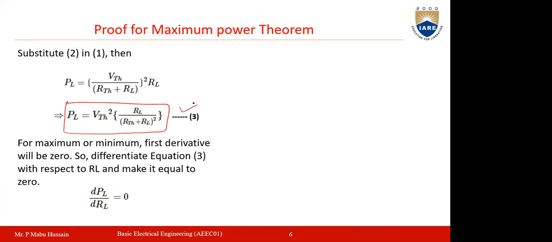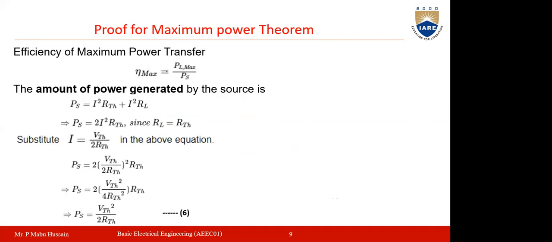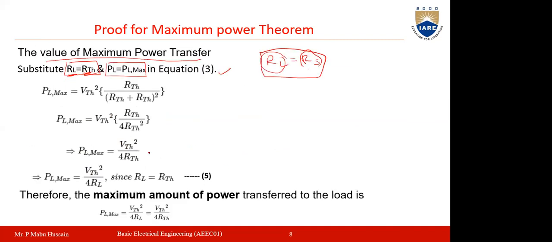Now to get the maximum amount of power in this equation, in place of PL we write PL max, and in place of RL we write R Thevenin, here and here. So then what will we get?